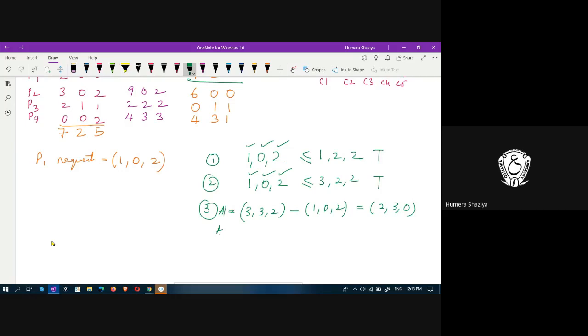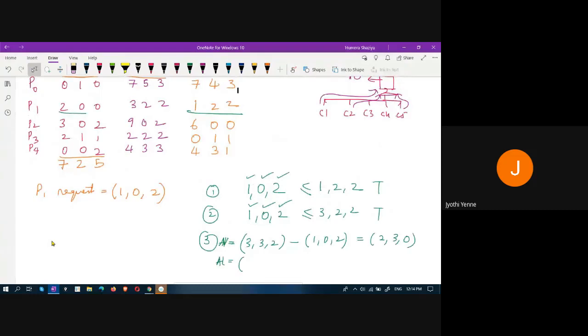This is available and this is allocated. P1 has already been allocated 2, 0, 0, and plus the request 1, 0, 2. So now the total allocation is 3, 0, 2.